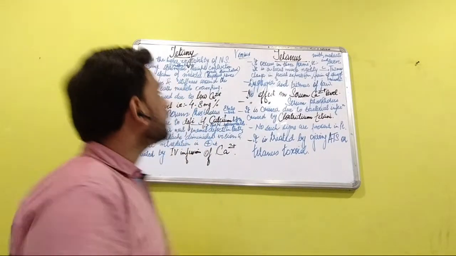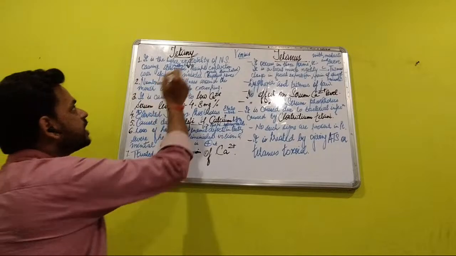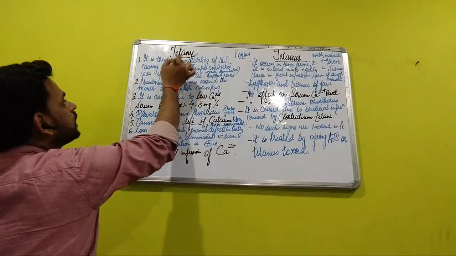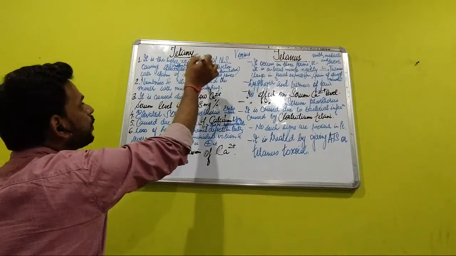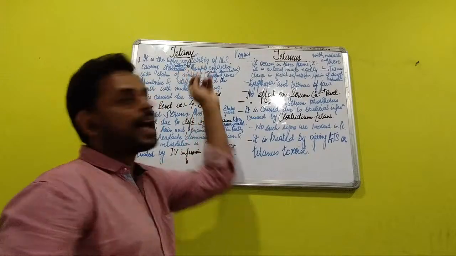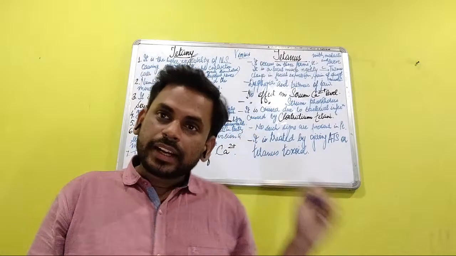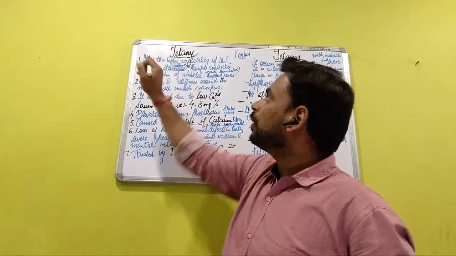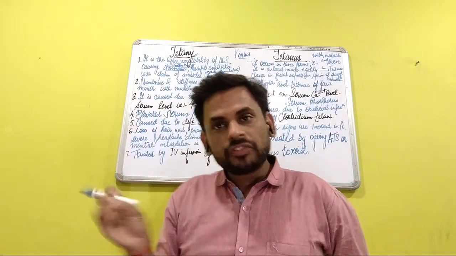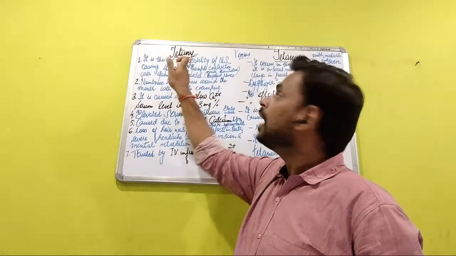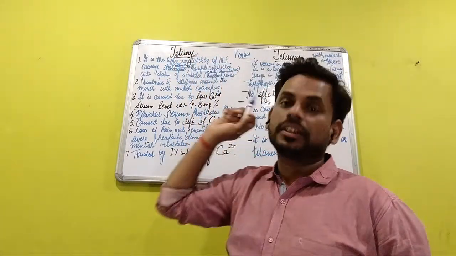So starting with tetany. What is tetany? It is the hyperexcitability of the nervous system causing involuntary spasmodic painful contractions with the spasm of muscles. So in the condition of tetany, it is due to the hyperexcitability of the nervous system.